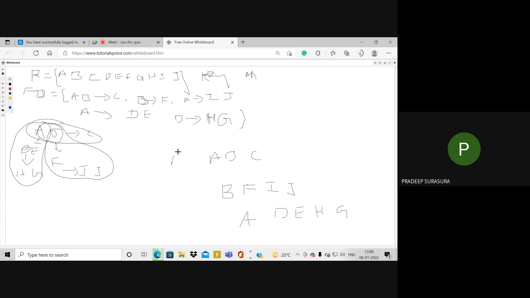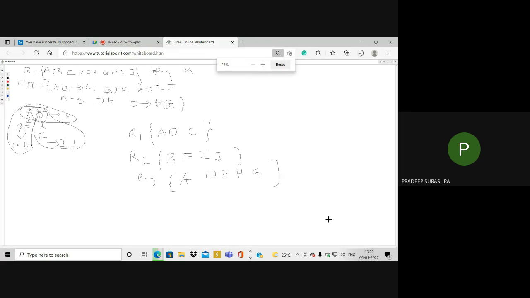So after decomposing R for second normal form, I have these three tables: ABC in one table, BFIJ in one table, and ADEHG in another table. Now go with the third normal form definition.